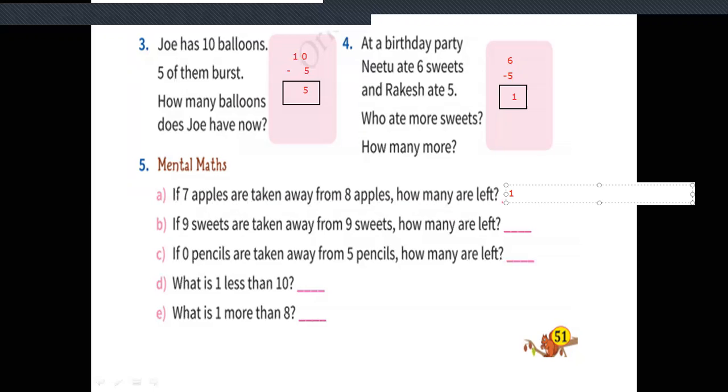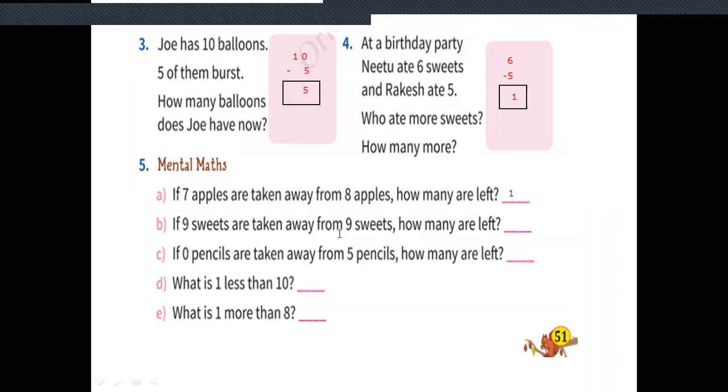So how many numbers are different, what is the difference? Only 1. So 8 in your mind, 7 on your finger. Before 8: 7, 6, 5, 4, 3, 2, 1. 1 apple is left. See, 8's next number is 7. Both are next numbers. So there is 1 difference. So that you can write.